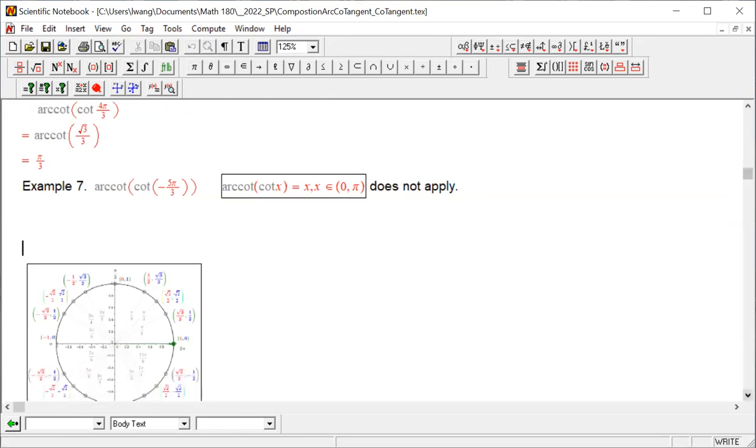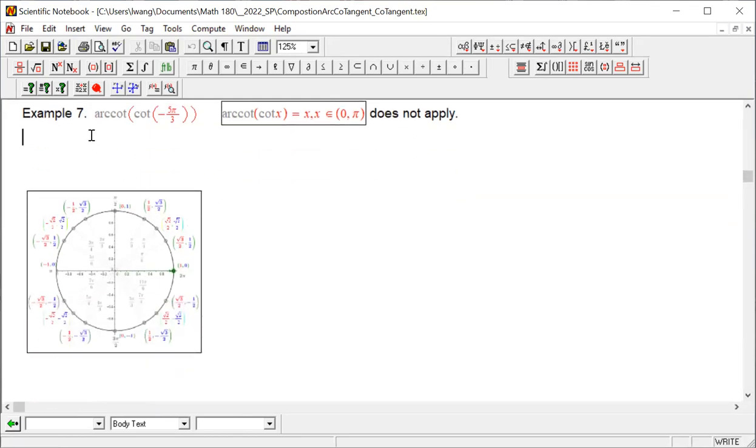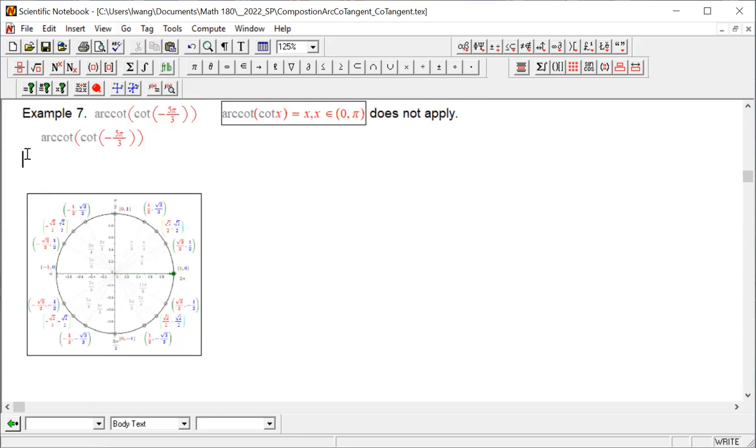So what do we do? The same drill. We do it from inside out. Arc cotangent is waiting outside, and we're going to deal with cotangent of negative 5 pi over 3. So to measure the angle from the standard position, measuring clockwise, this is 5 pi over 3.